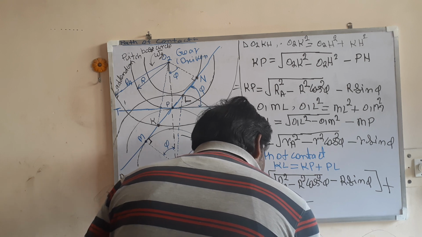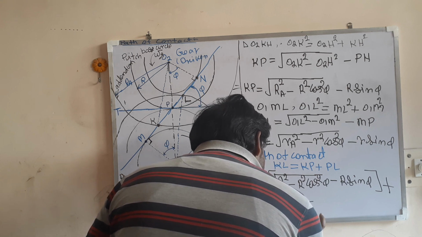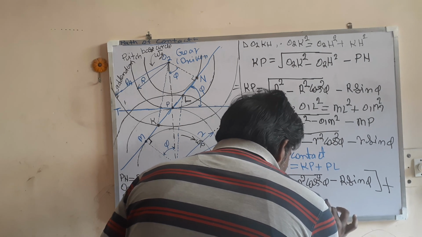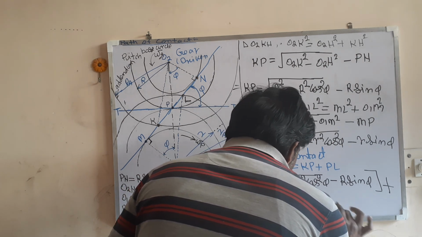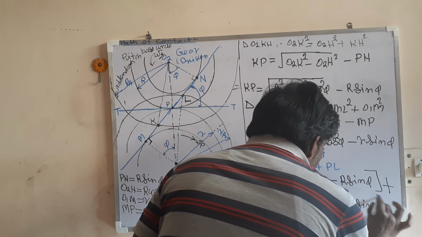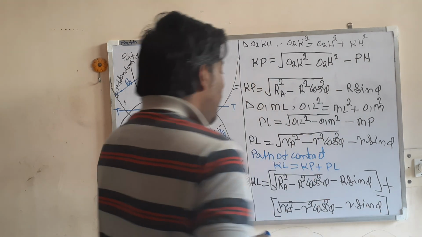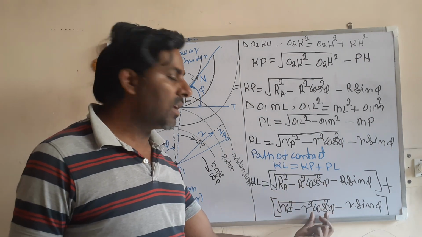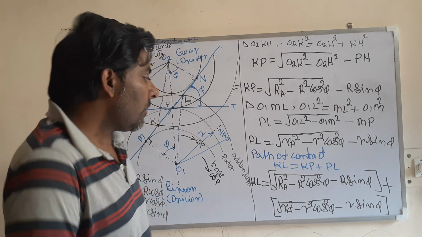So this, under root small ra square minus small r square cos square phi, minus small r sin phi. So path of contact KL is equal to this path of approach plus this path of recess.